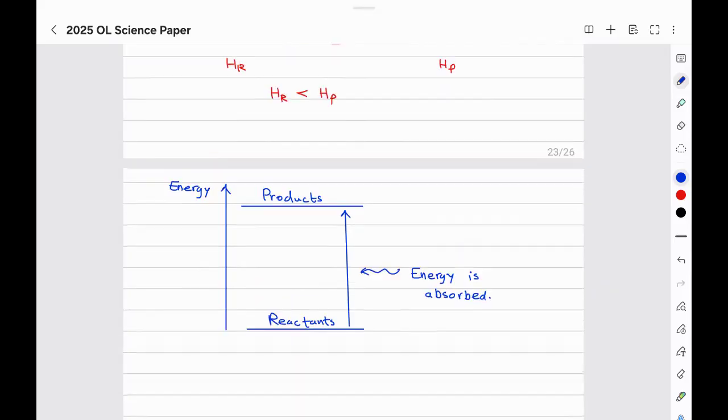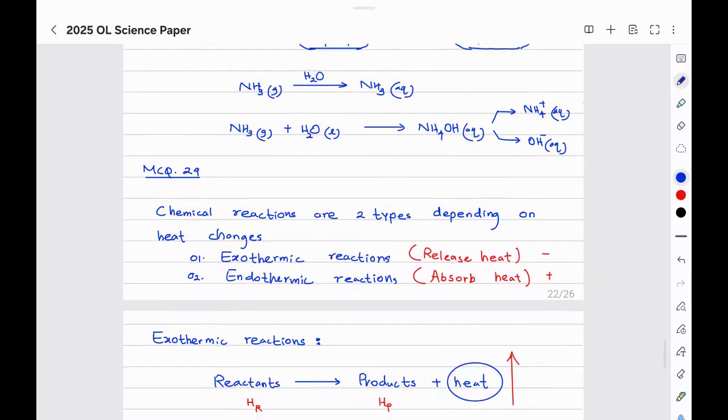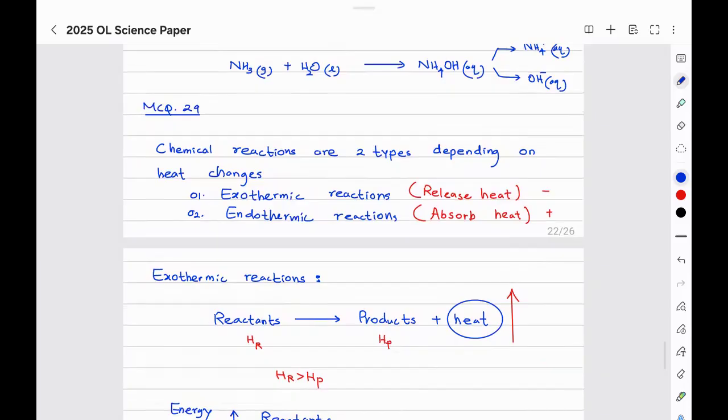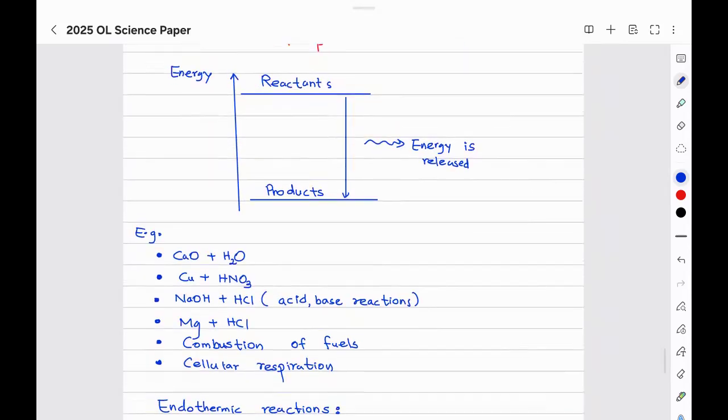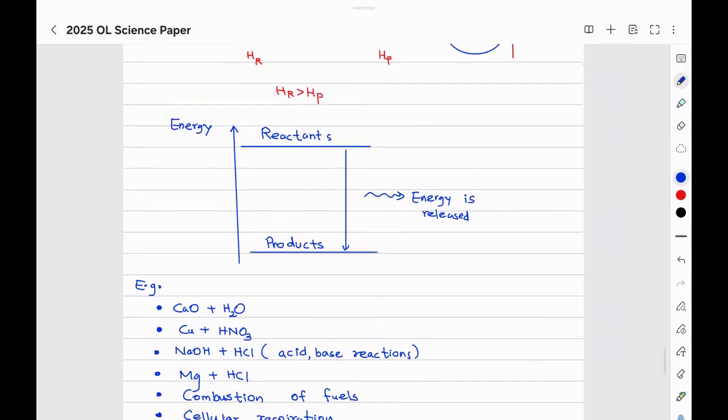Now, do you remember I told you exothermic reactions have a minus value, and endothermic reactions have a positive heat value? The reason is, maybe you have done calculations in physics. When you measure potential energy, we consider this level as the potential energy zero level.